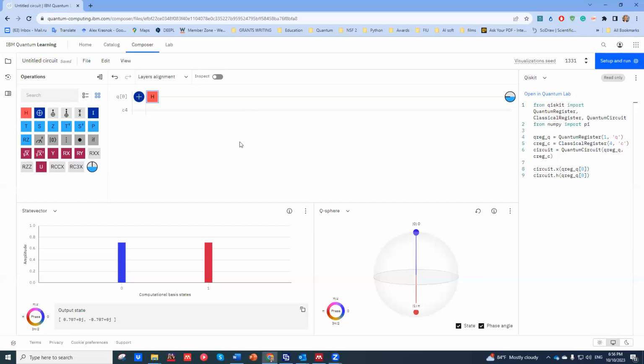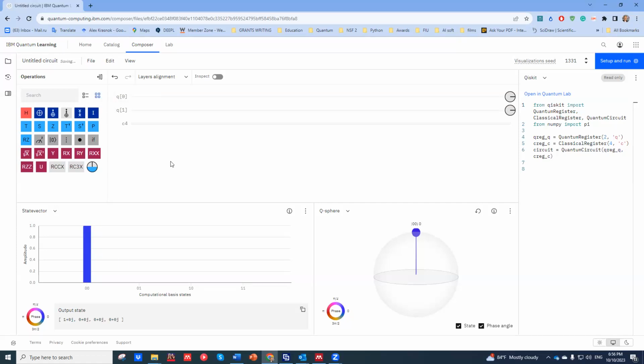So first of all, our circuit now is 2 qubits, so I need to add another qubit here. Okay, I added second qubit. And let's actually first check the order.